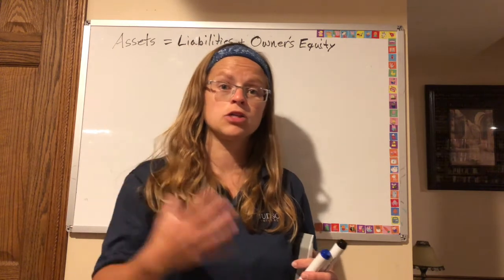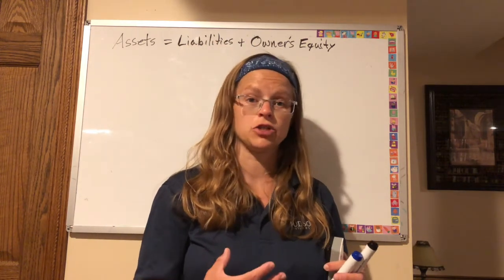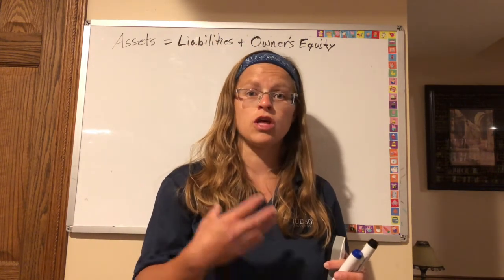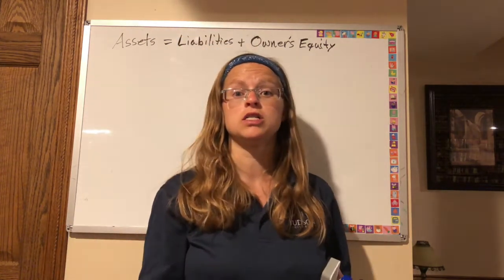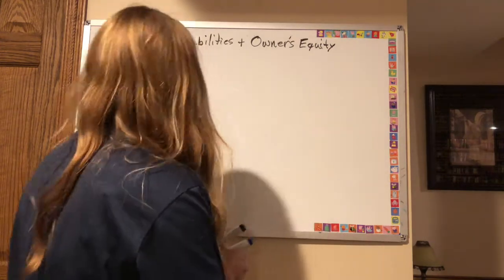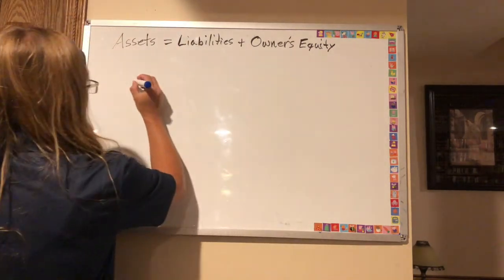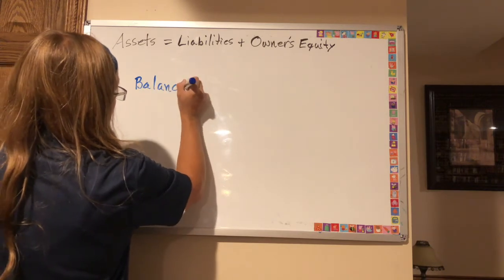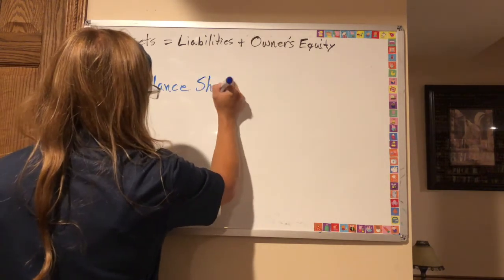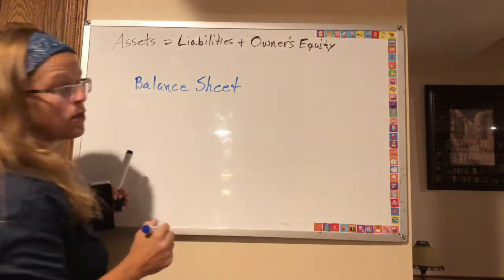External users use financial accounting information, which comes from the financial statements. There are 4 different financial statements that we're going to discuss in this class. You have a balance sheet, that's the first one.